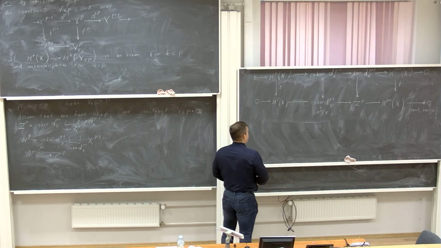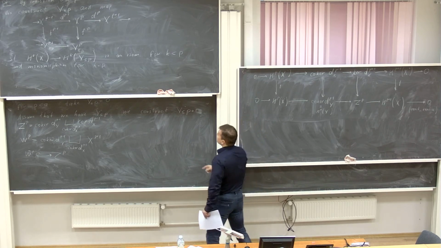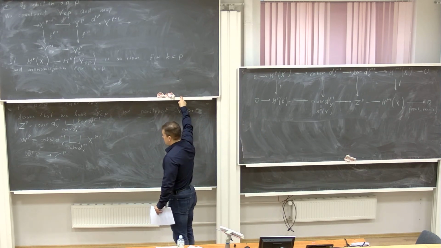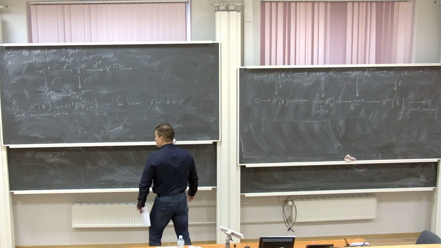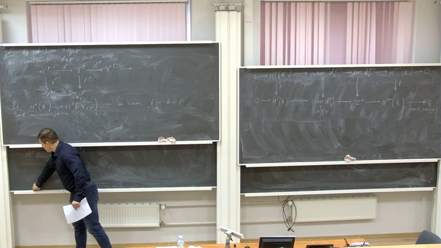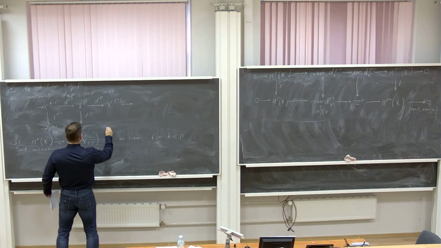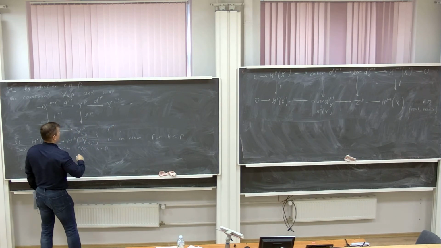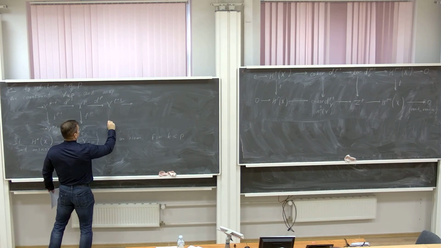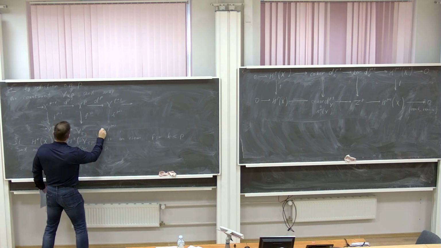Okay, now I can use this commutative diagram to construct the next step. I need to find some object Y with an index p plus 1. I need to construct a map f^{p+1}, and I also need to find the differential.